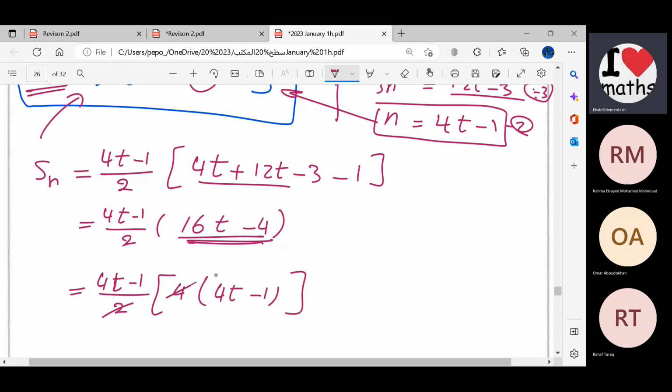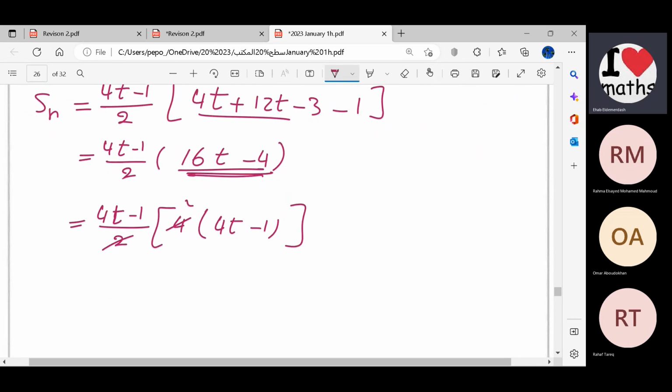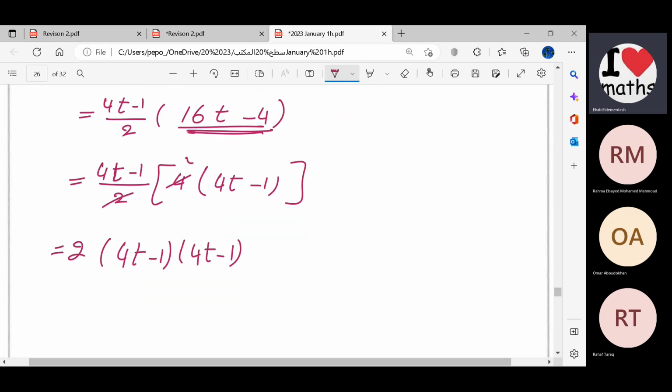I can cancel the 2 with the 4, it will give me 2. So the final result will be 2 into 4T minus 1 again into 4T minus 1, which comes as 2 into 4T minus 1 all to the power of 2.